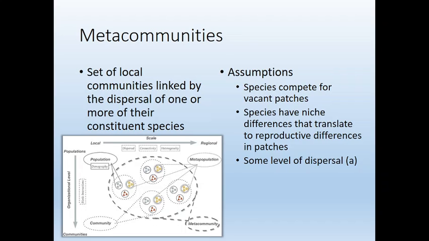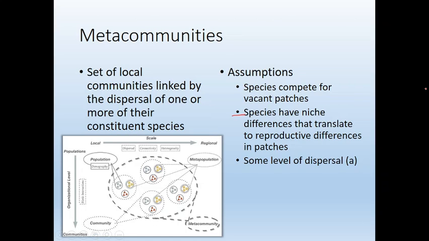What we think about when we're talking about metacommunities is it uses a lot of the same math, but just multi-species. Species are competing for vacant patches, okay? And because now we have different species, there needs to be some sort of identifier between species, and what we're talking about is niche differences.